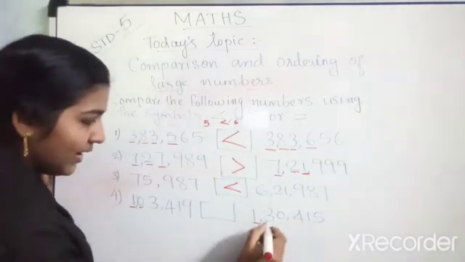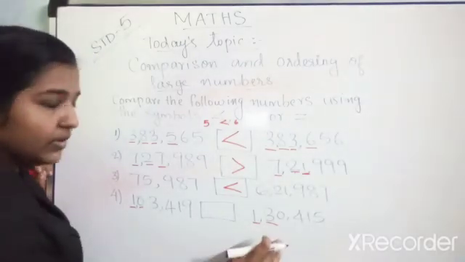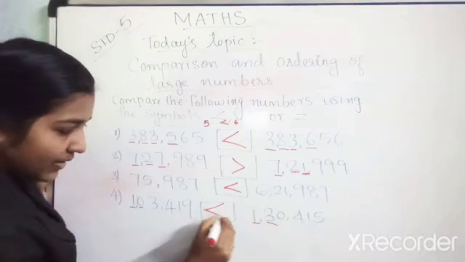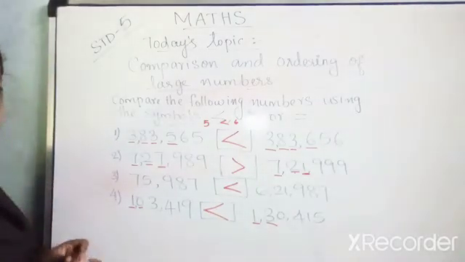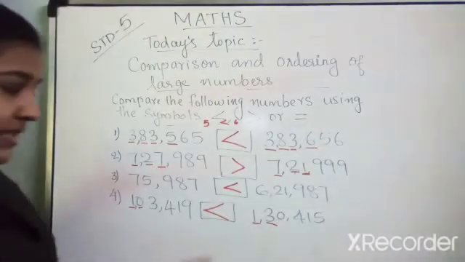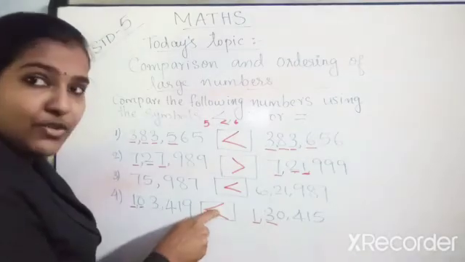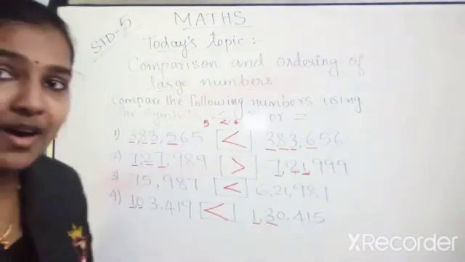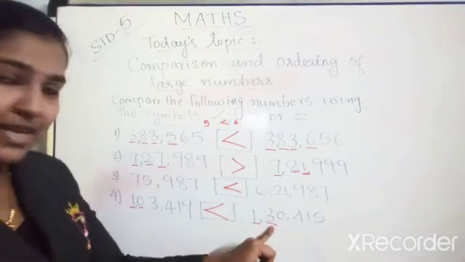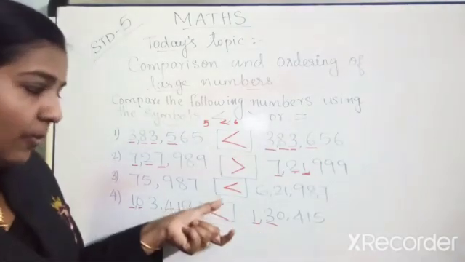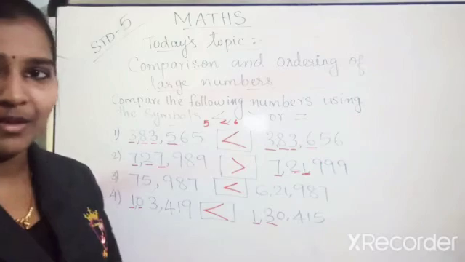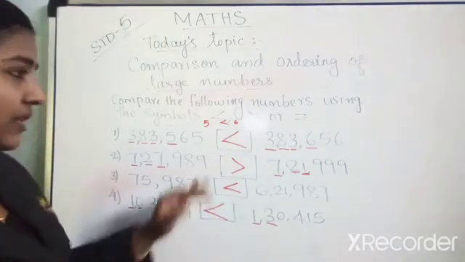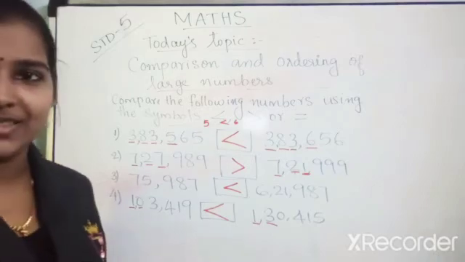It is 0 and 3. Which is greater, 0 or 3? 3 is greater, right? So draw the less than symbol here. That is, this symbol should always be open towards the largest number. So here the 3 is larger, so it is opening towards the number 3. Got it? Okay. So this way we can answer these questions.